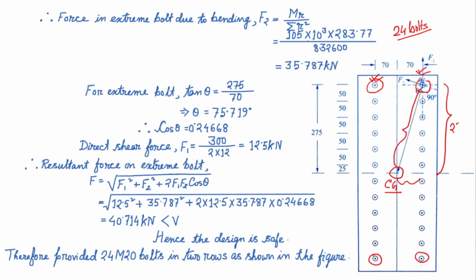The vertical distance is 275, which is clearly visible from these distances. Now what is the horizontal distance? During the calculation we have assumed that the edge distance is 55 mm, so 55 mm on both sides. Then the total width of this column is 250.